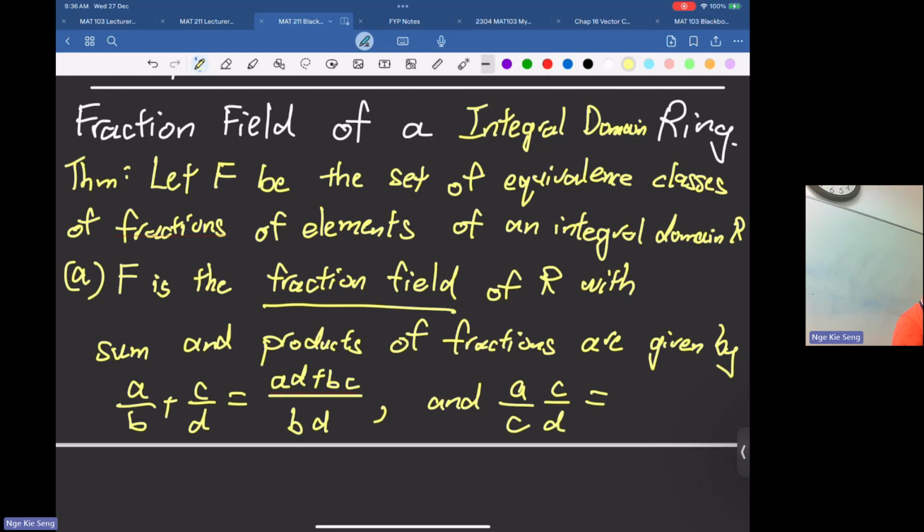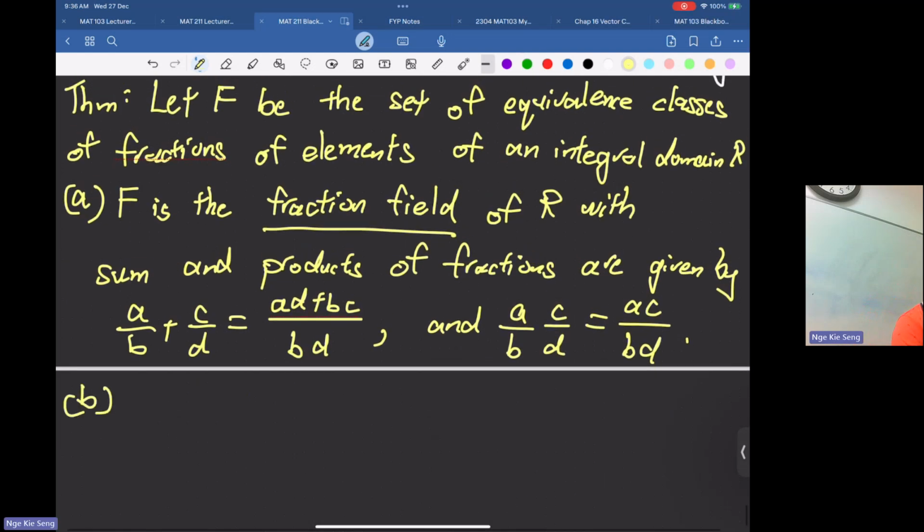We just multiply the numerators together and the denominators together. Okay, so this is how we define it.